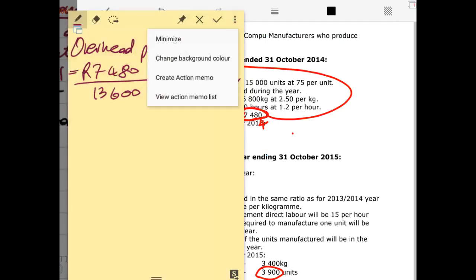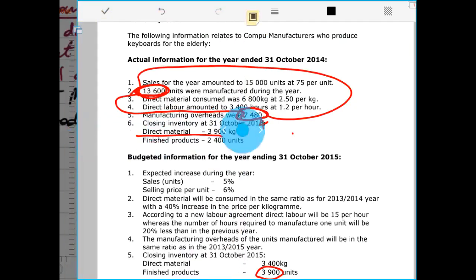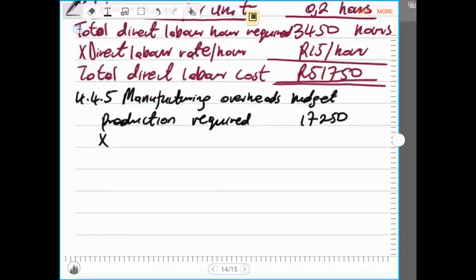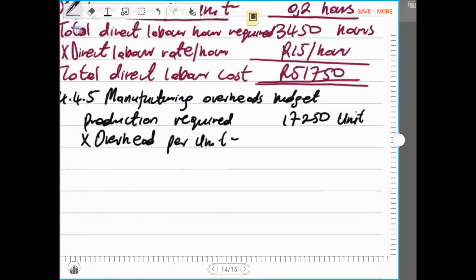So now we have already recorded our production budget, our production required. Remember, these are the units that are expected for production. Then we multiply that by our overhead per unit, and our overhead per unit is 55 cents, as we have just calculated.